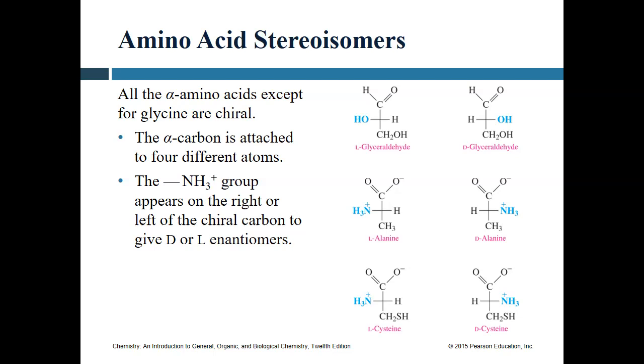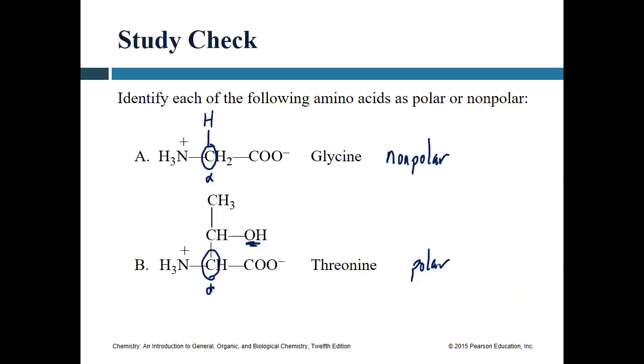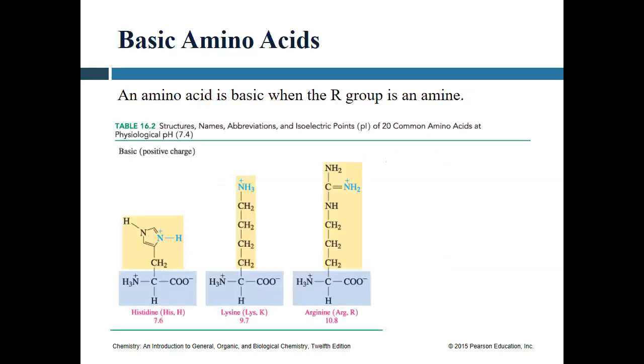All right, now we can get into the last part of section 1: stereoisomers. It may not have jumped out to you initially, but if you look at most of these compounds, you should notice something about this carbon here in the middle.